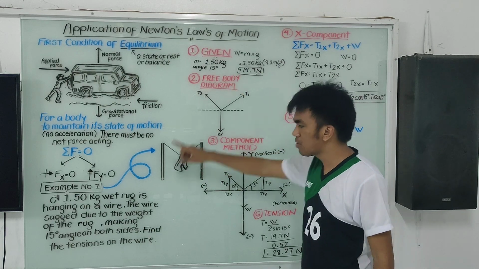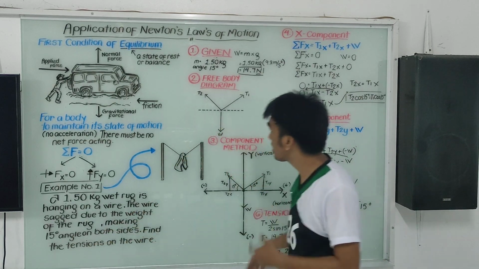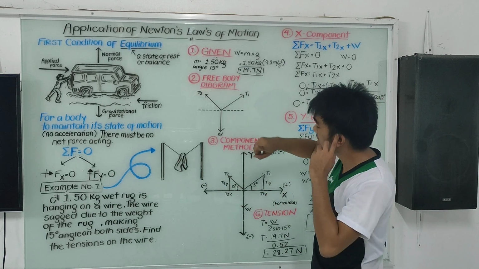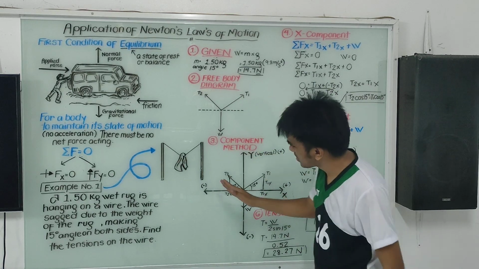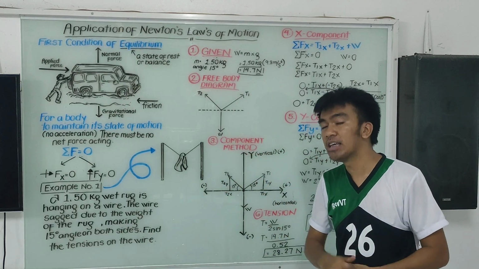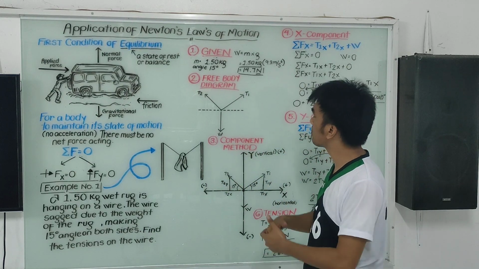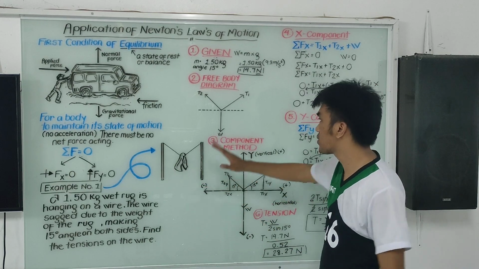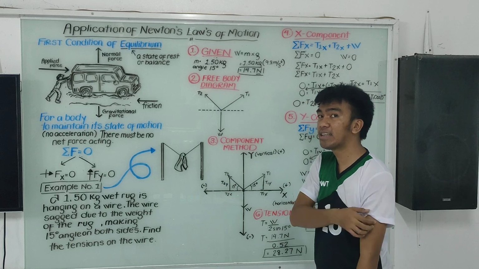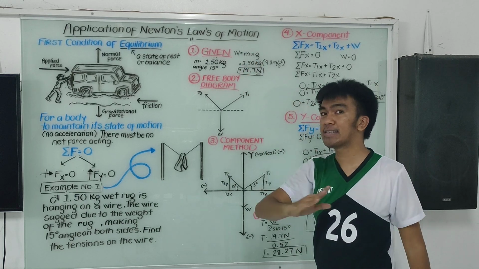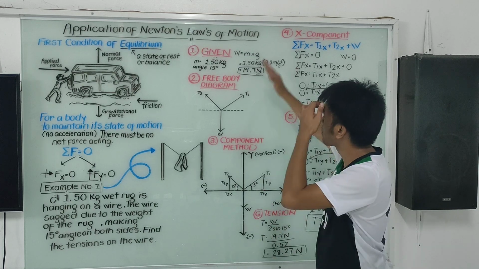And then the angle, which is 15 degrees on both sides. Since the mass of the object is affected by gravity and we are looking for the weight, we use the formula weight is equal to mass times gravity.